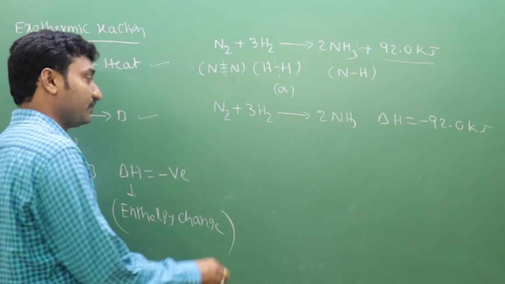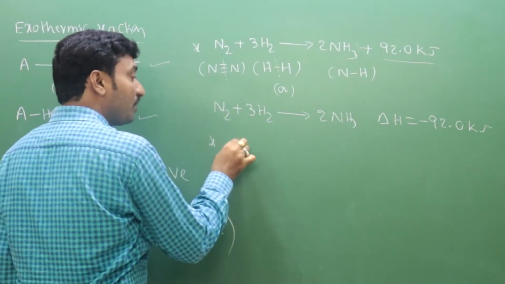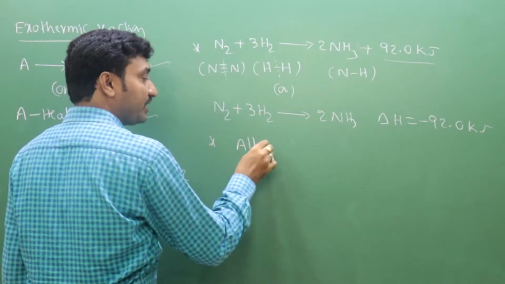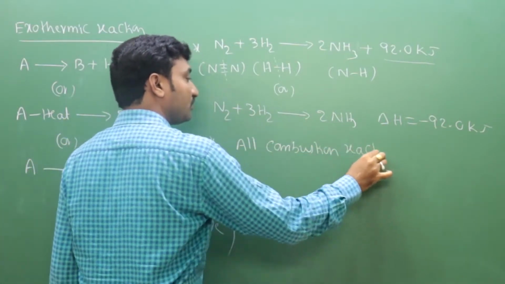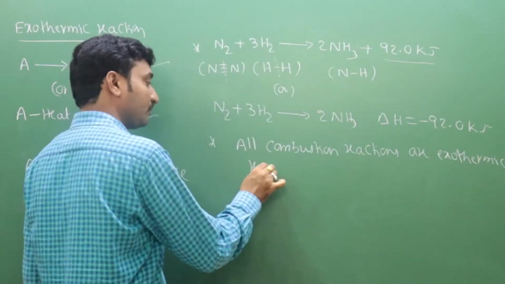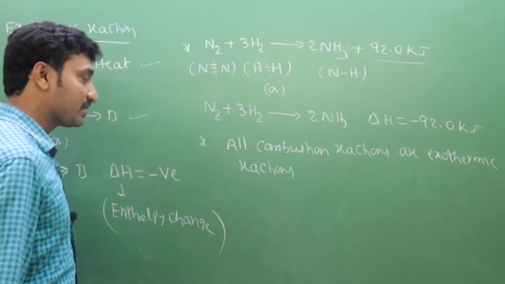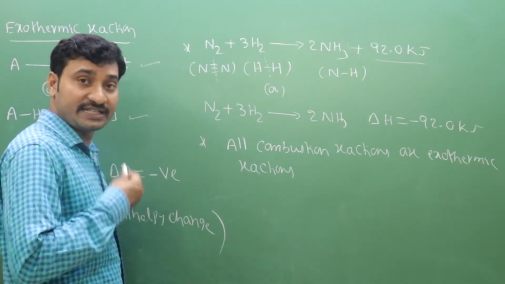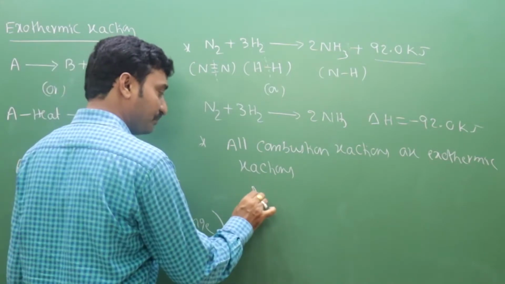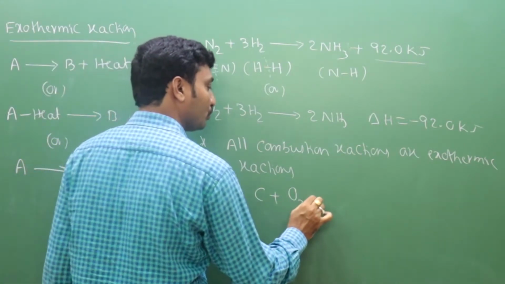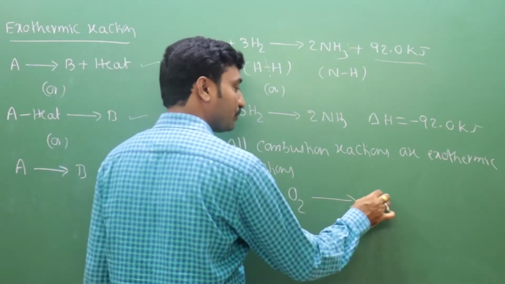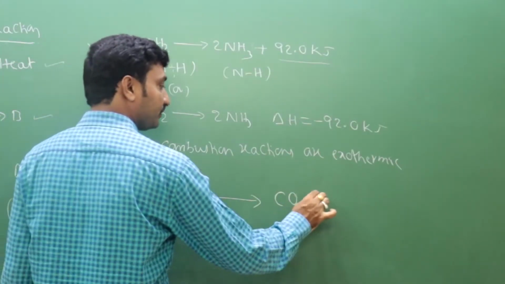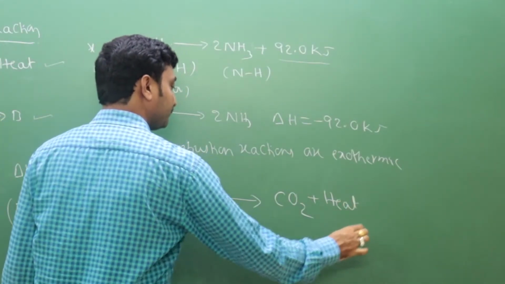Next one. All combustion reactions are exothermic reactions. Combustion reactions are nothing but substances burning in excess of oxygen. For example, C plus O2 gives rise to CO2 plus heat, an exothermic reaction.